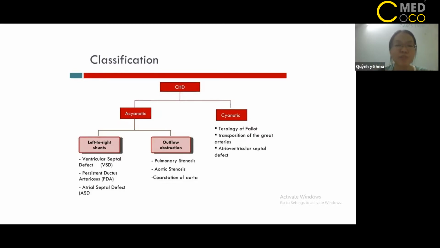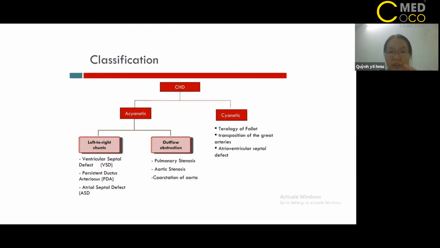You are very well prepared about this topic today, and I can say that we have two types of congenital heart defects: acyanotic and cyanotic heart defects. Acyanotic means that the patient will have no symptoms of cyanosis.